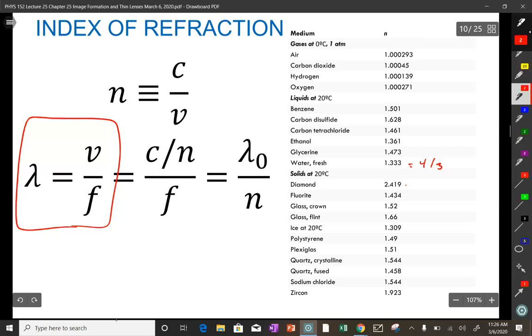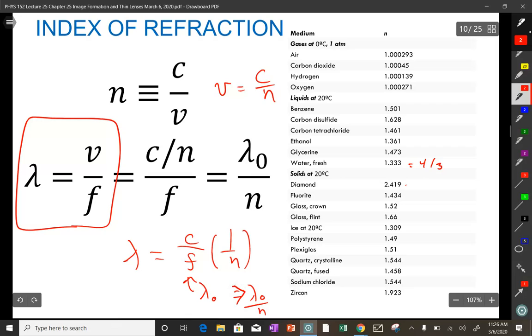Solving this upper equation, with V equal to C over N and putting that in for V, you find that the wavelength in any medium is equal to the speed of light over the frequency in that medium, times 1 over N. That's the wavelength in vacuum, and so the wavelength is equal to the wavelength in vacuum over N.